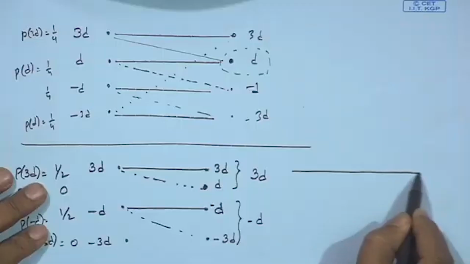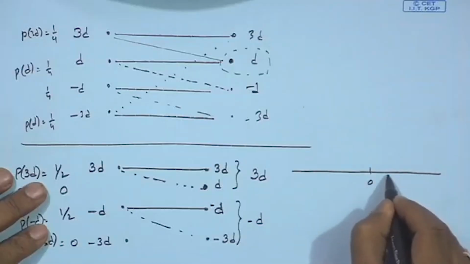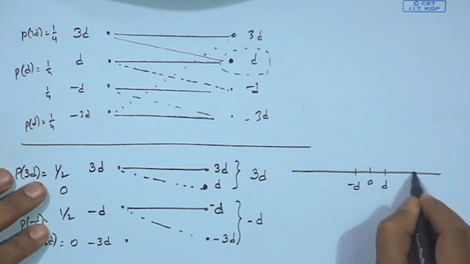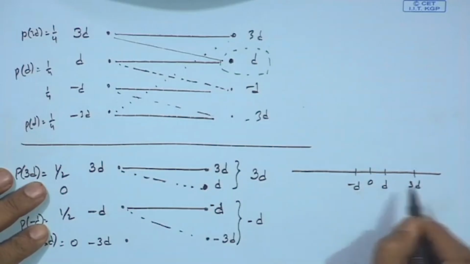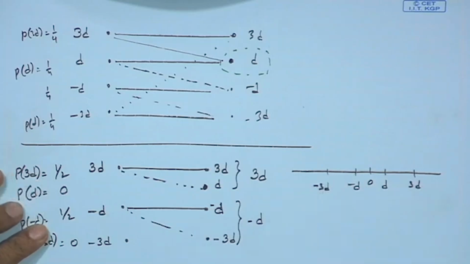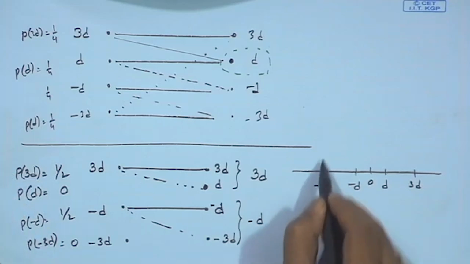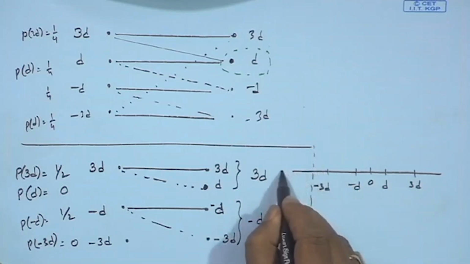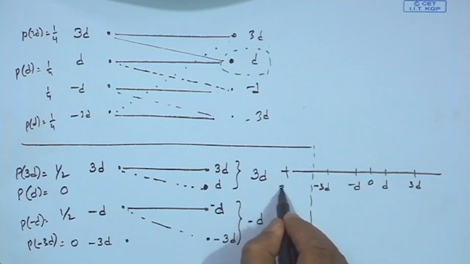So, how it translates is like this. Suppose this is 0, this is D, this is minus D, this is 3D, this is minus 3D. Suppose it is wrapped around, so here again you have, let us say, 3D.